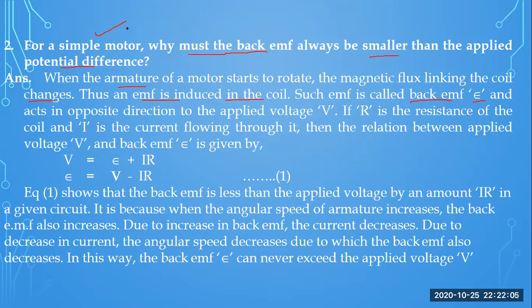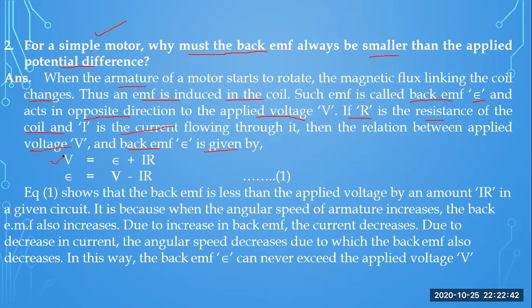It acts in the opposite direction to the applied voltage V. If R is the resistance of the coil and I is the current flowing through it, then the relation between the applied voltage V and the back EMF is given by this.